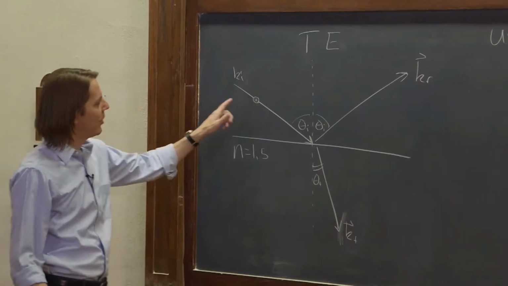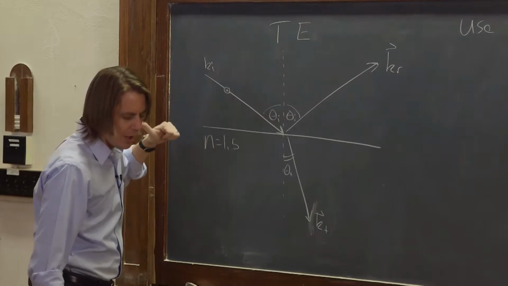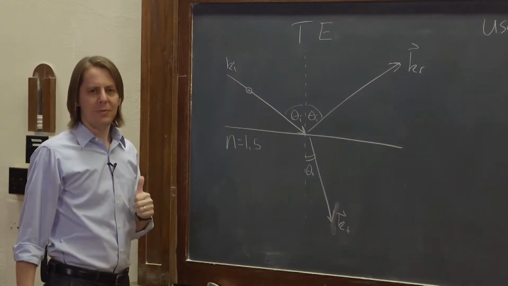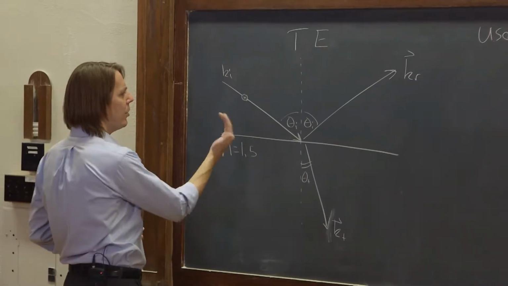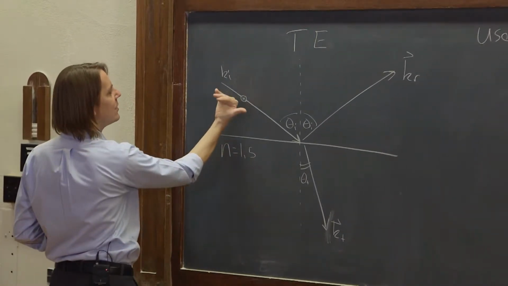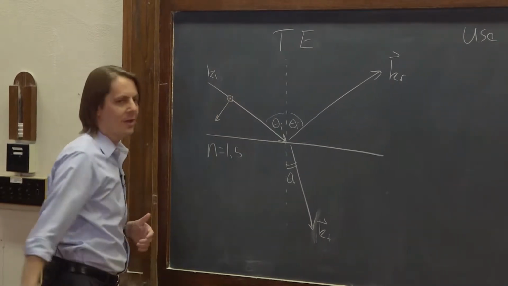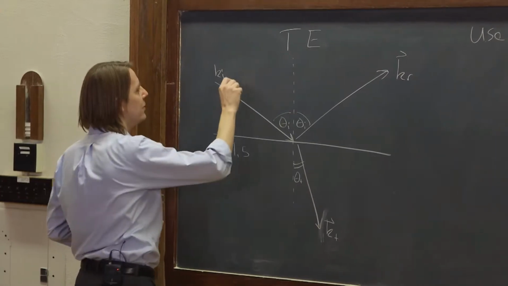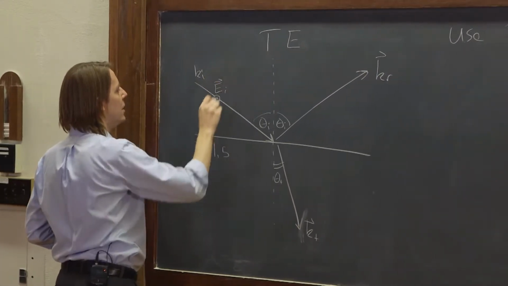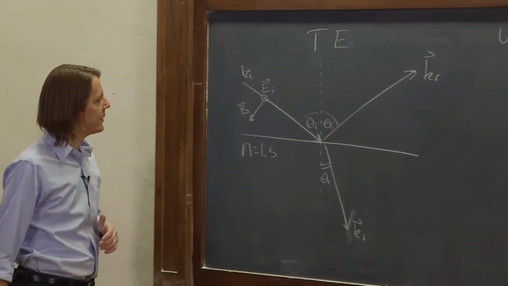But at this moment in time, at the interface, the E field is pointing out this way. So what does that mean the B field is doing? Well, we've studied plane waves, so we know that E cross B is the direction of k, so if E is like this, that means the B field is pointing down to the right. So at the moment we'll call this E_i, and this B_i, a vector.